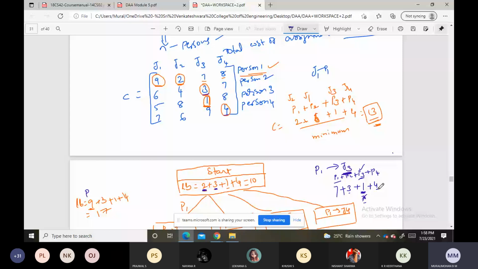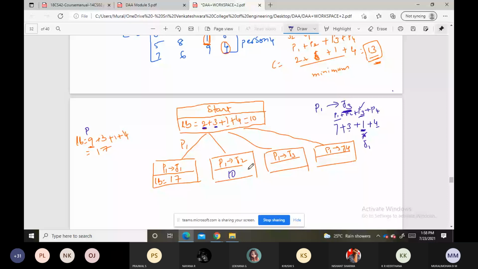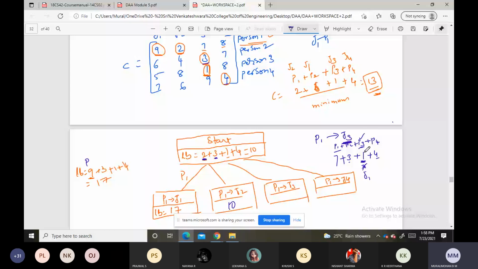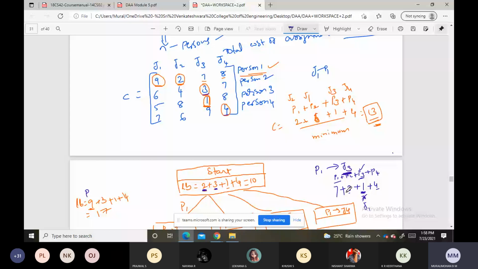For person 2 also, we cannot assign job 3.